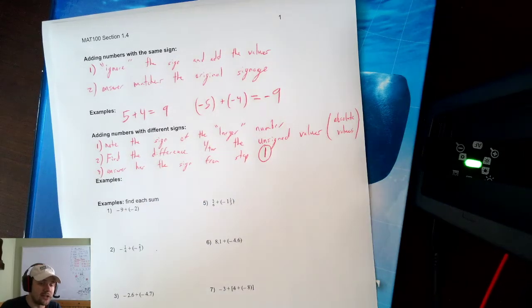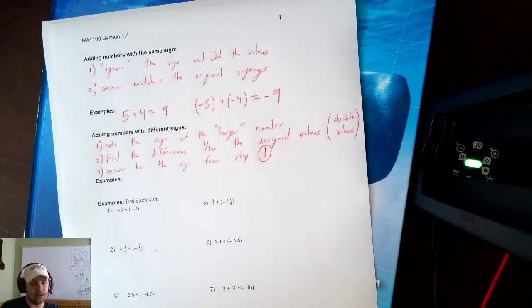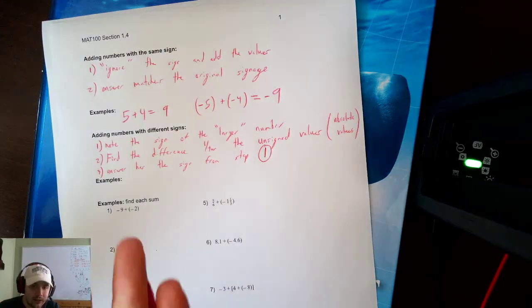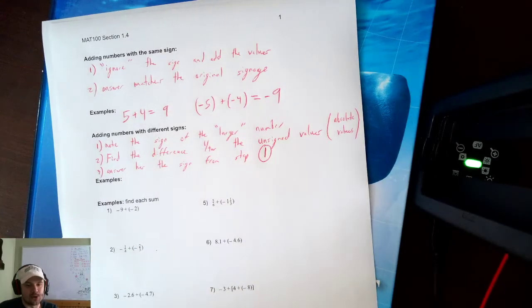For example, negative 2 is less than positive 1, but 2 is larger than 1, right? So negative 2 is the larger number. It has a larger magnitude. It says larger in quotation marks because you're noting the magnitude, not the actual value.